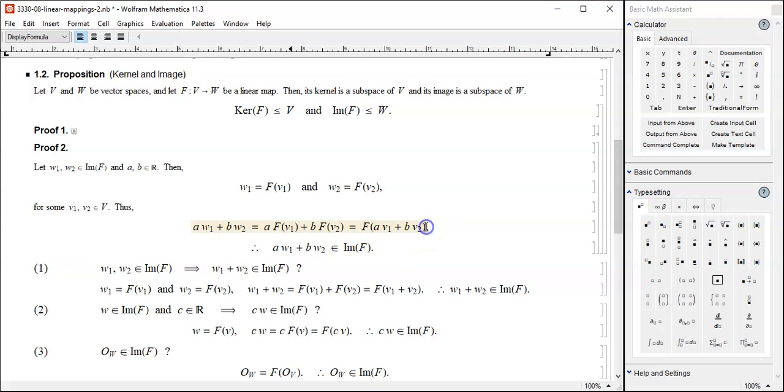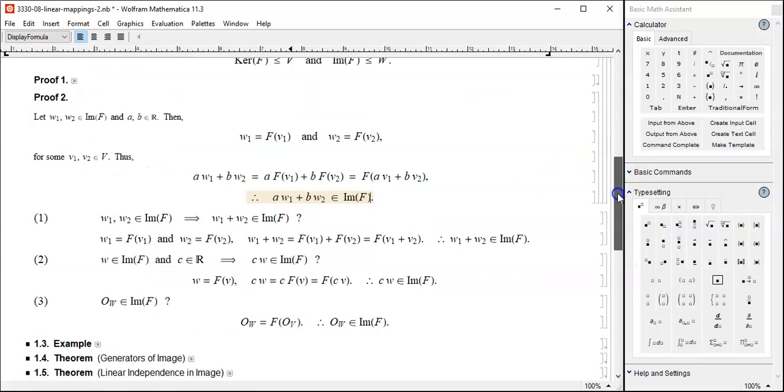And then apply the linear combination. a w1 plus b w2 you can rewrite as f of the linear combination, and therefore the conclusion: the linear combination can be written as f of a certain vector. Yes, it is in the image set.